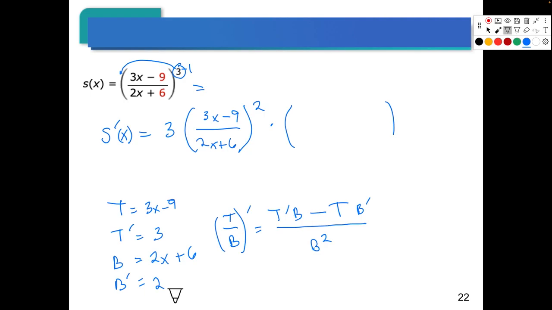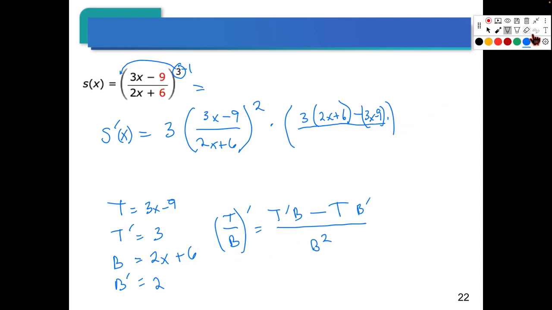Okay, so now I'm going to take my 4 pieces, and I'm going to put them together up here as the derivative of the inside. The derivative of the top is 3, times the bottom part, 2x plus 6, minus the top, which is 3x minus 9, times the derivative of the bottom, which is 2.